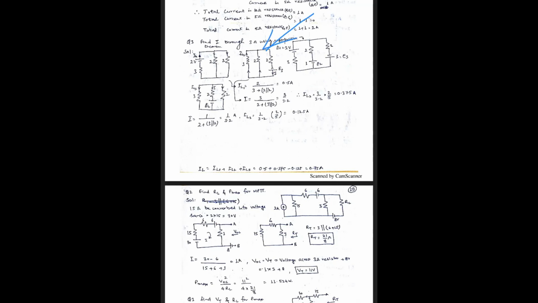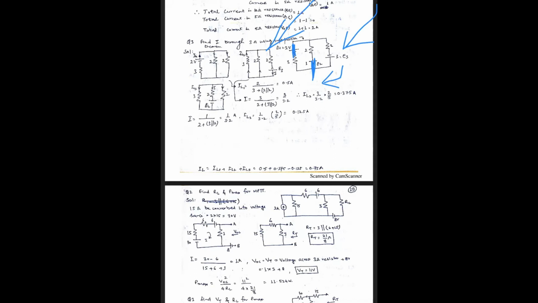So in this circuit, we suppress the two voltages, short circuiting them, and only this voltage source is active. So its positive terminal is below. So current will flow in this direction as shown here.